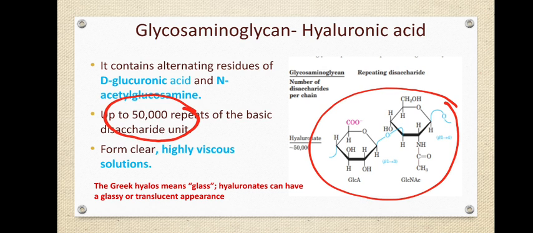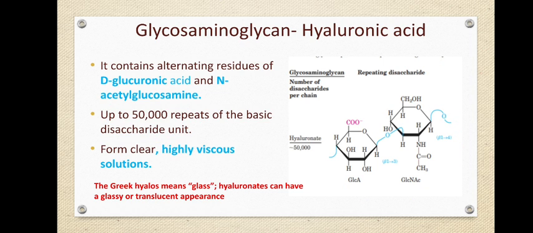So in homopolysaccharide it will be only glucose, but in heteropolysaccharide two or more types of repeating units are found. So here one is glucuronic acid, the other one is N-acetyl glucosamine. This unit is going to repeat up to 50,000 times in hyaluronic acid.